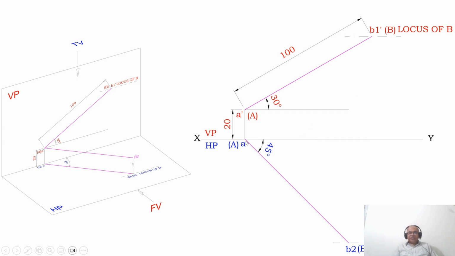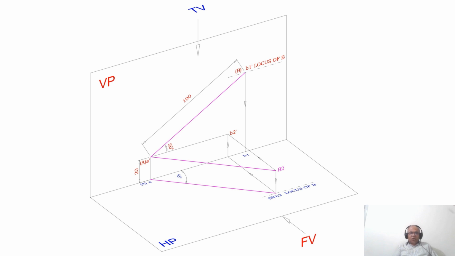Similarly, with small a as center, that is in the top view, you measure an angle of 45 degrees and draw an inclined line, and by taking the compass, cut an arc of 100 mm length, because the true length is the same both in the vertical plane as well as in the horizontal plane. Since this is B1 dash, this is going to become B2, and you write capital A and capital B, and then you write this is the locus of B. Locus of B means the top view of the point B is going to lie on this line.